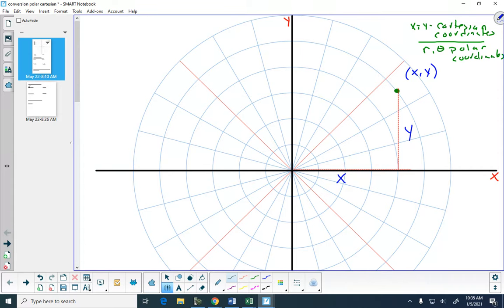We can also label this point by saying I'm going to rotate theta units and go out r number of circles.